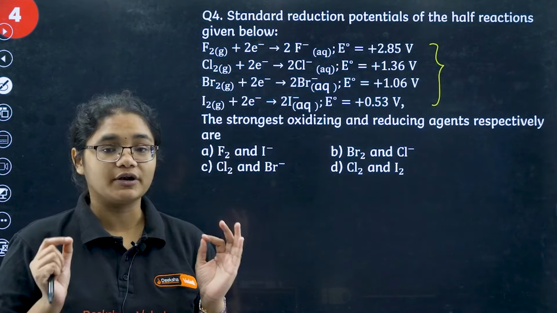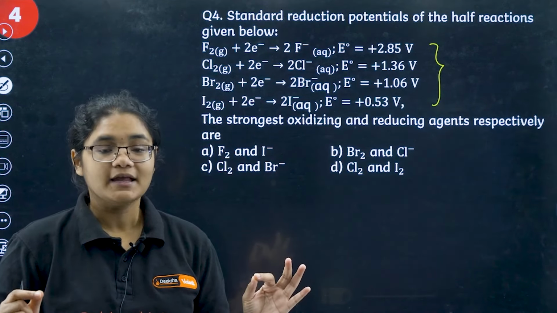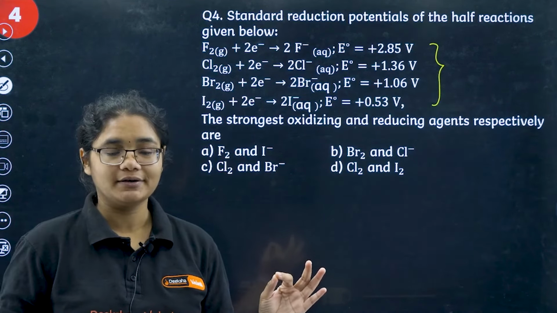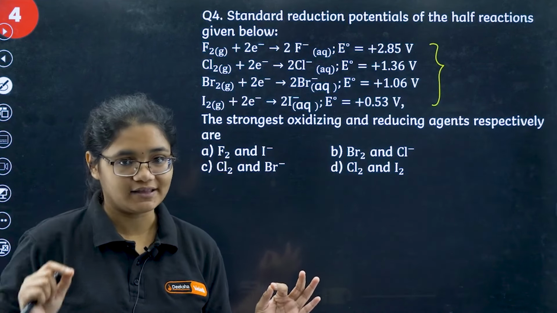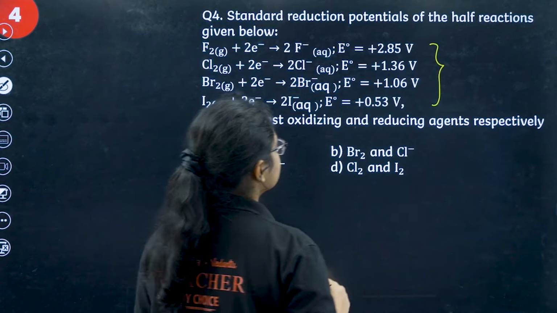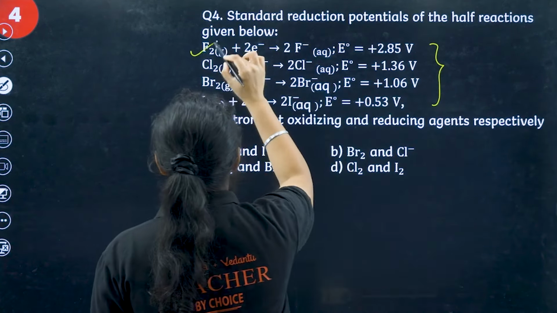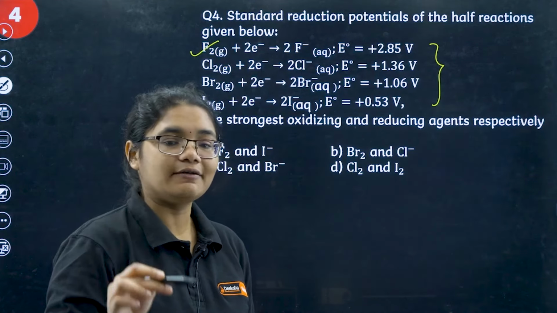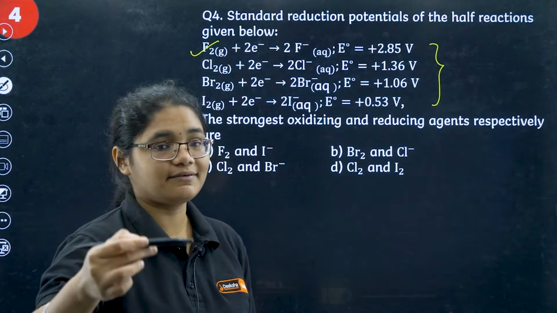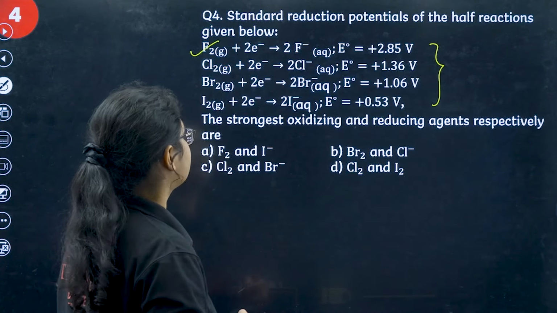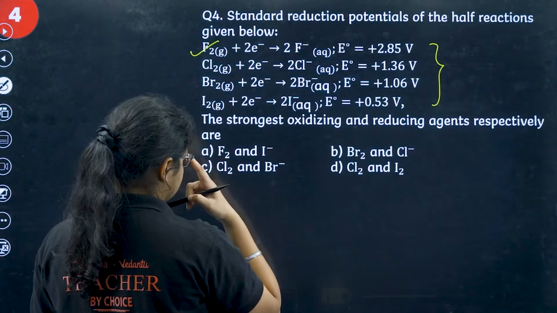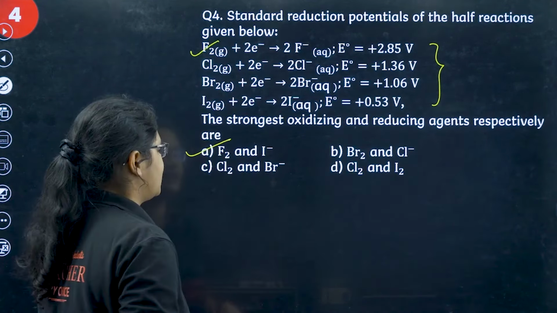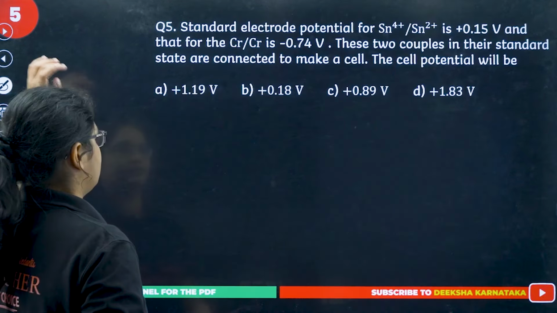So the one whose reduction potential is maximum, undergoing the best reduction, will behave as the best oxidizing agent. So let us see whose reduction potential is maximum. F2 reduction potential is maximum, it can undergo the best reduction, and when it is undergoing reduction, it will behave as an oxidizing agent. So F2 will be the best oxidizing agent. I have only one option with F2, so that is option number A here.